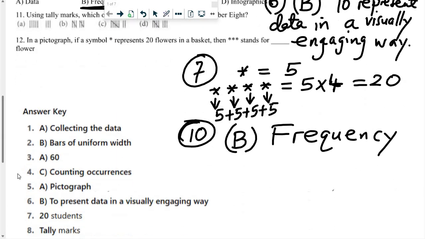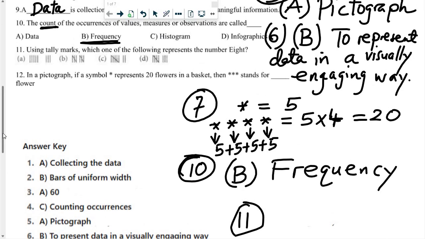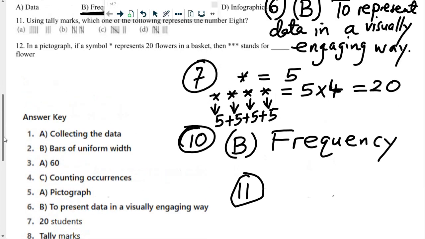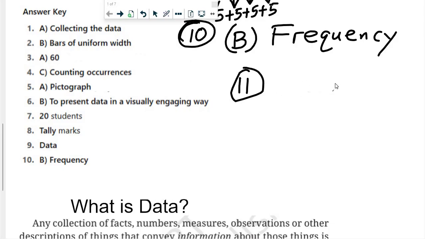Question number 11. Using tally marks, which of the following represents the number 8? For tally marks, the number 8 is represented by 1, 2, 3, 4, make a band of 5, and then 1, 2, 3.